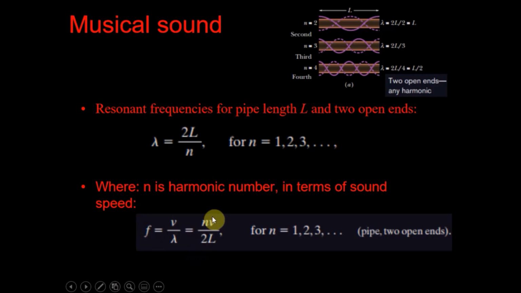Substituting in for lambda, we end up with nv over 2L. Essentially, substituting in for lambda means we've got 2L over n, and the n winds up being multiplied here. So v over lambda gives nv over 2L. And this is just another form of the same equation that you can use.